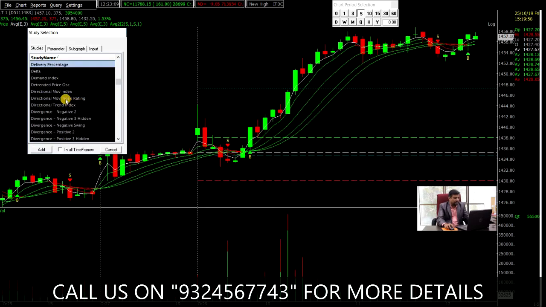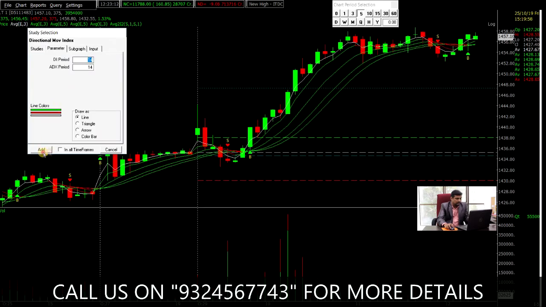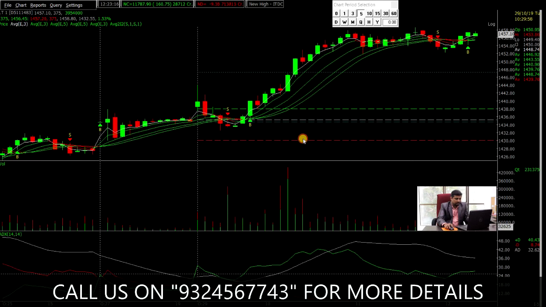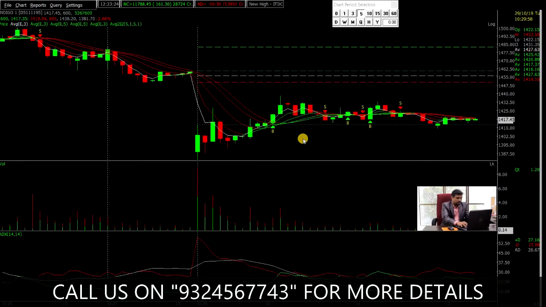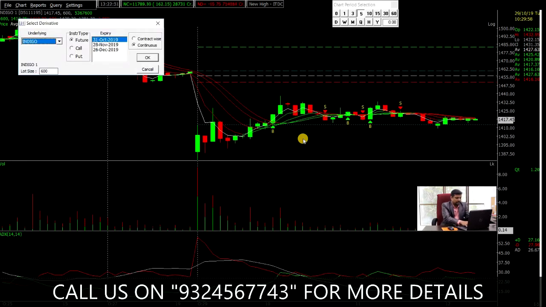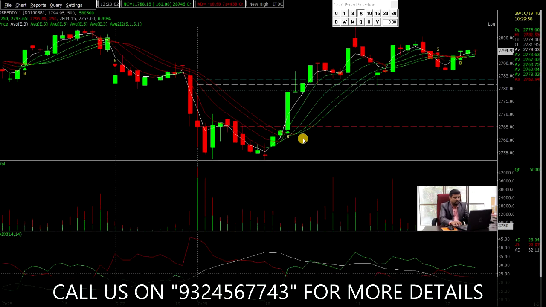I am applying the directional moving index on the 5 minute time frame, and I will watch whenever I am taking an entry into a particular stock, whether the other indicator, the ADX indicator, is supporting that trend or not.